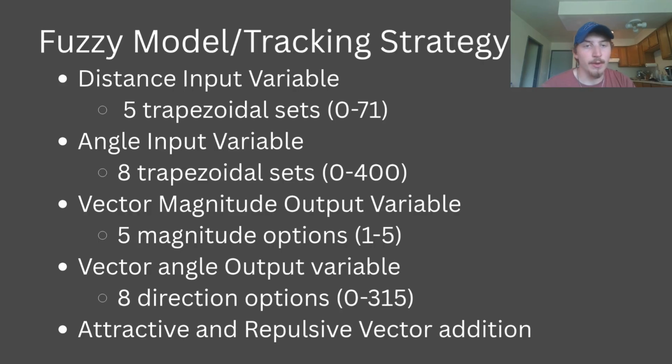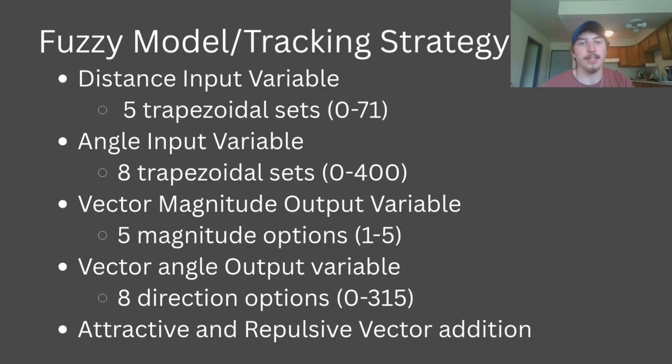These, with a set of fuzzy rules, output 5 set magnitudes to move the agent away from an obstacle or toward a target, as well as the angle as in 8 set directions ranging from 0 to 315 degrees.